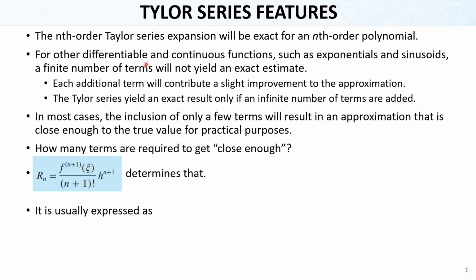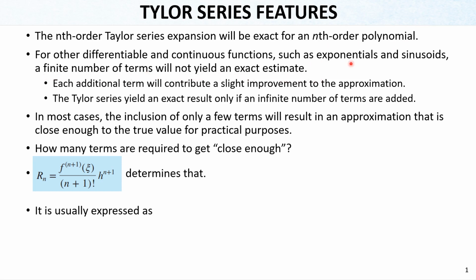Another feature is that for other differentiable and continuous functions, which is different from polynomials, such as exponentials and sinusoids, a finite number of terms will not yield an exact estimate. So for this kind of functions, a finite number of terms never yield an exact estimate.